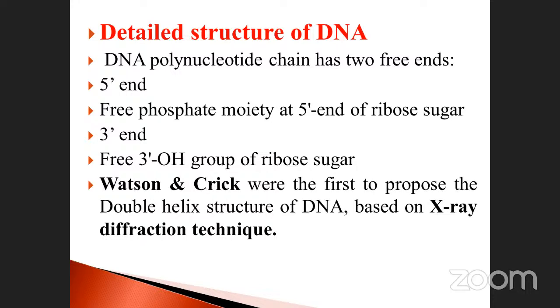Watson and Crick were the first to propose the double helical structure of the DNA based on the X-ray diffraction technique. Note it down, my dear student. How the DNA molecule was proposed by Watson and Crick, this is also another question, 2019 or 20, I think. They asked the question: which technique did Watson and Crick use? The X-ray diffraction technique.